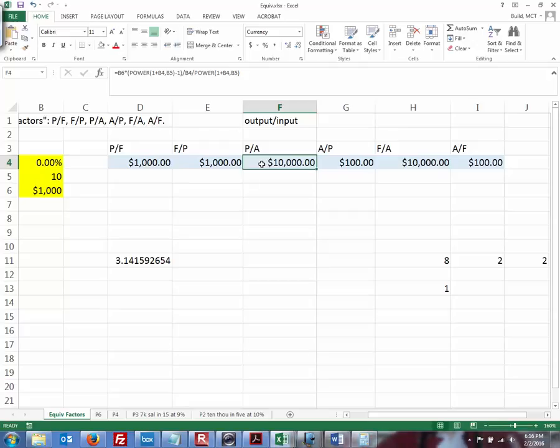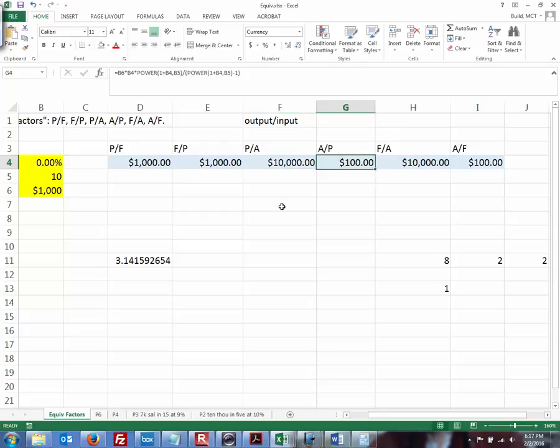And that's the question: do you want $10,000 now, or do you want $1,000 a year? Well, if you're not that responsible with your money, you might only want $1,000 a year. But if you're somebody who's investing, you'd say give me the 10 grand now, and I bet I can do better than 0% interest.